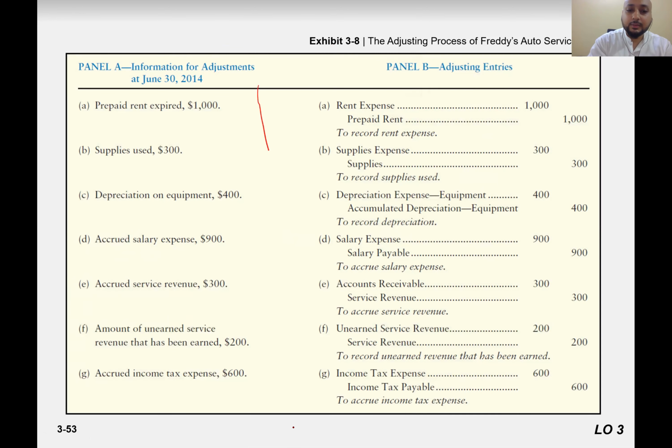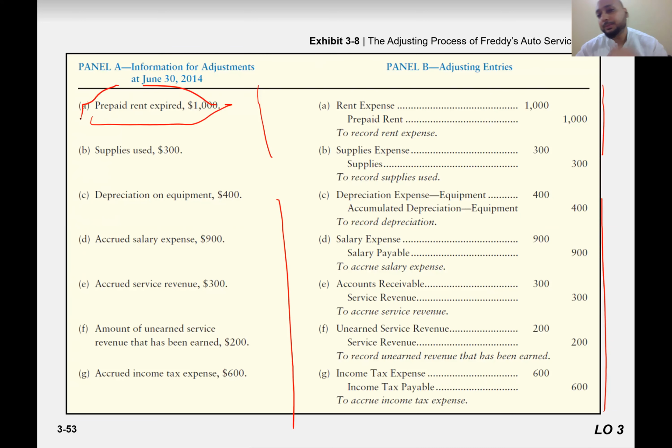Here are the examples, and these are their adjustment entries. Prepaid rent expires, which means from that prepaid rent, 1,000 is consumed. We lost the value of 1,000 from our asset, which is prepaid.